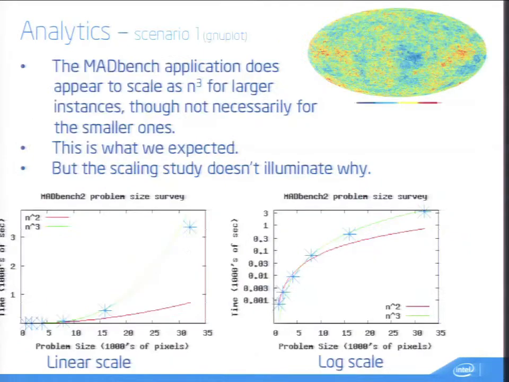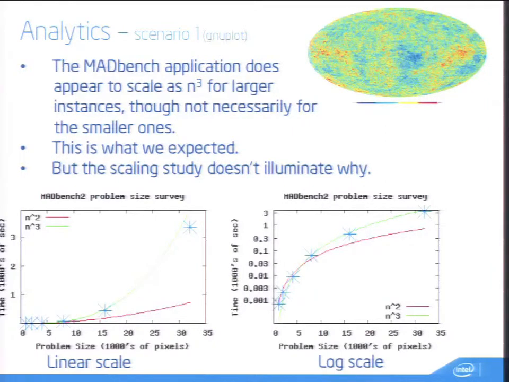In this picture, we have the time on the y-axis and the number of pixels on the x-axis. The two pictures are the same. I changed the scale, linear scale here and log scale here.